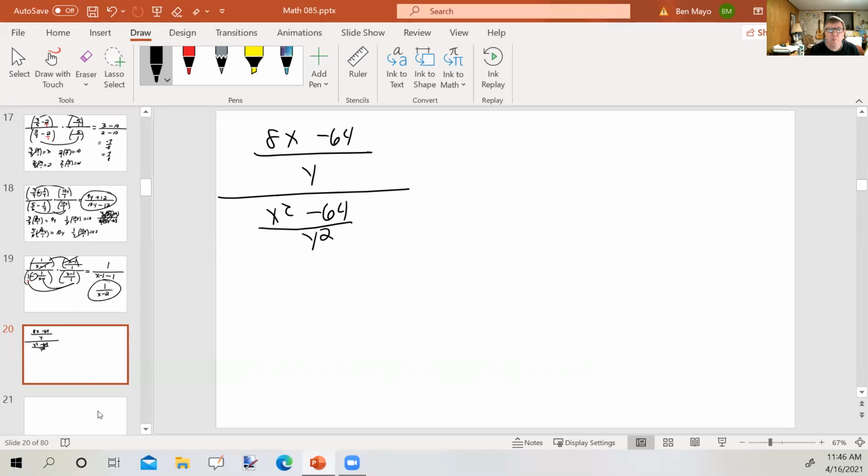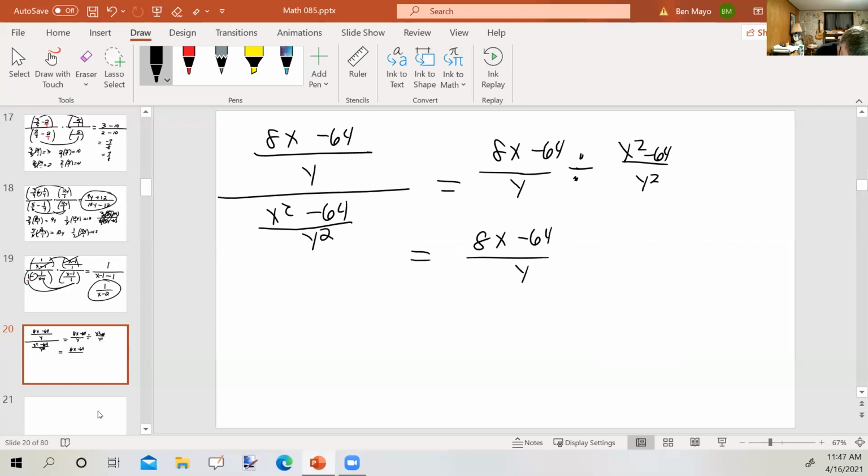Well, we could go back to the very first problems we looked at because this is a single fraction divided by a single fraction. So I could rewrite this as 8x minus 64 over y times the reciprocal, y squared over x squared minus 64.